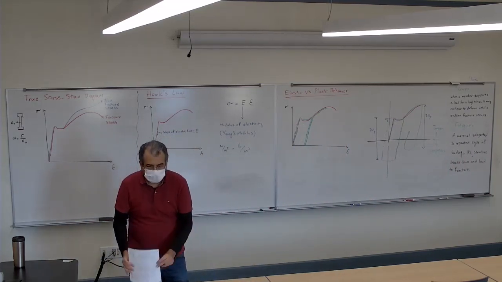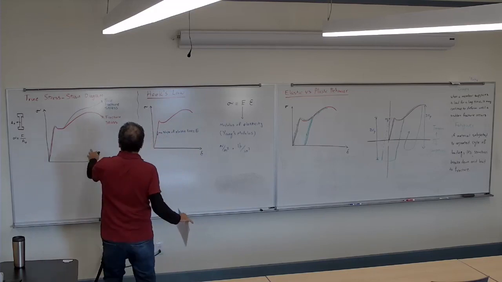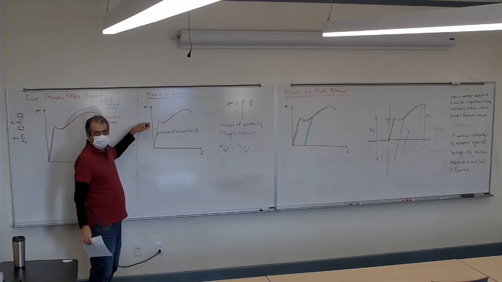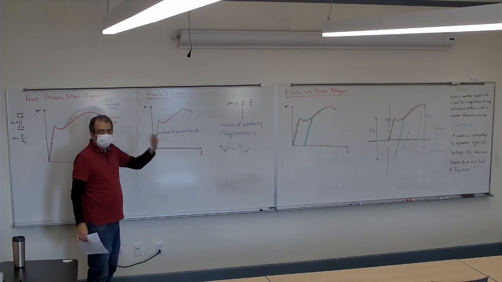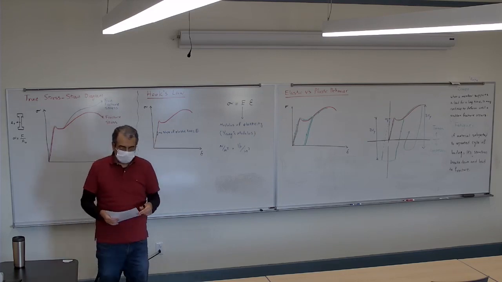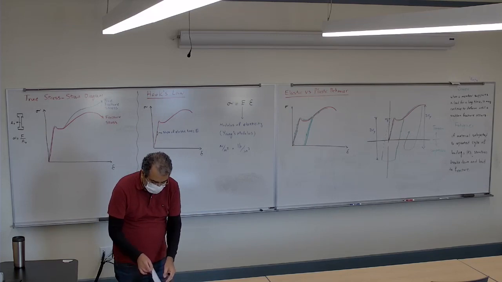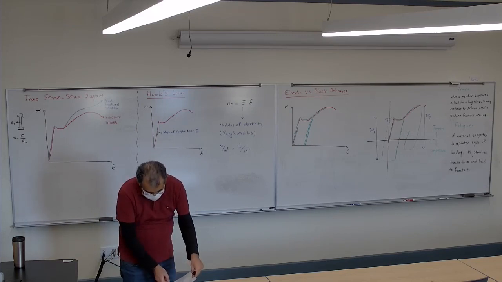So it's not that we look at this and say, okay, this is the yield stress I have, and I can use it for 2 million or 3 million cycles of loading and unloading. It's going to break much faster than that. That's fatigue. Any questions?